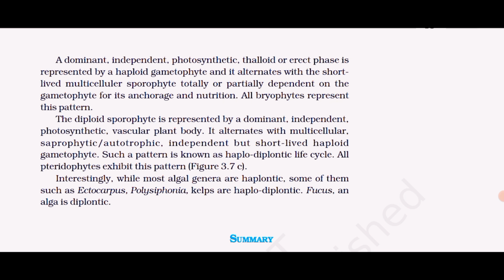Such a pattern is known as haplodiplontic life cycle. All pteridophytes exhibit this pattern. Interestingly, while most algal genera are haplontic, some of them such as Ectocarpus, Polysiphonia, kelps are haplodiplontic. Fucus, an alga, is diplontic.